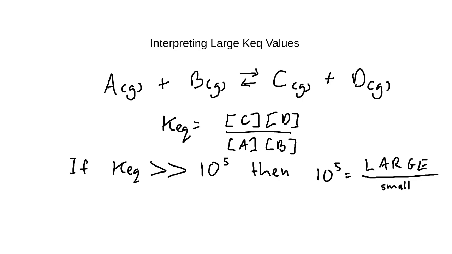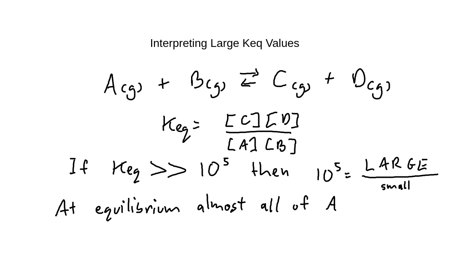Simple concept in math. So at equilibrium, almost all of the A and B have reacted. In fact, there's almost none left over.